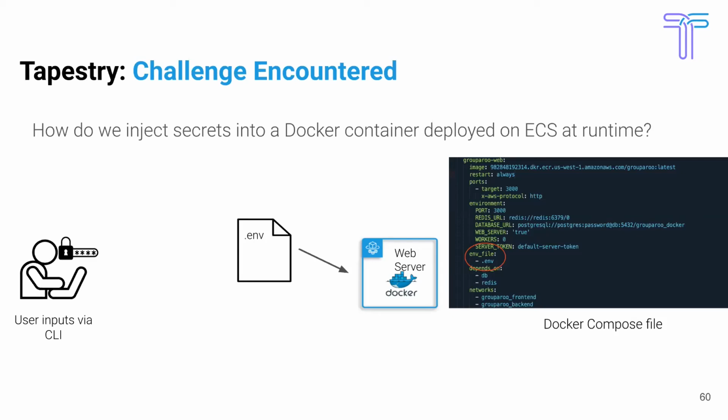However, because we were not receiving the user inputs until runtime, this .env file had to be dynamically generated after these inputs were received via the CLI, but before the container could run on ECS. Our solution for doing this was twofold.